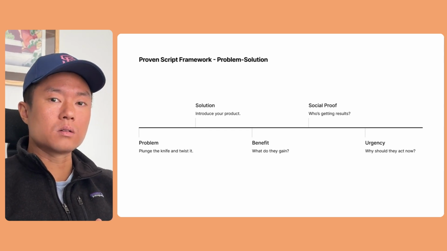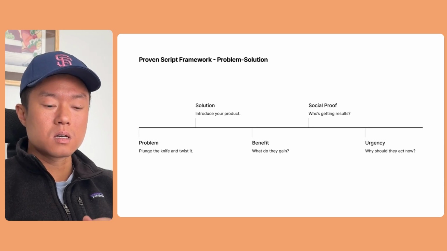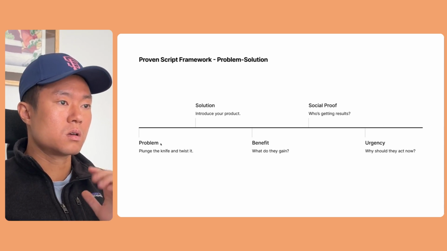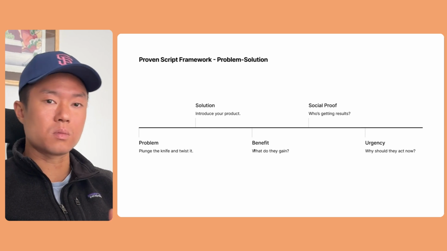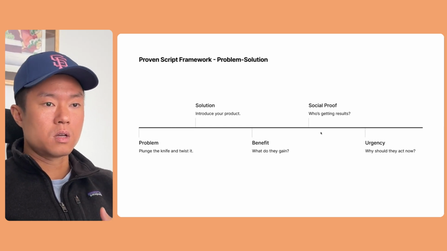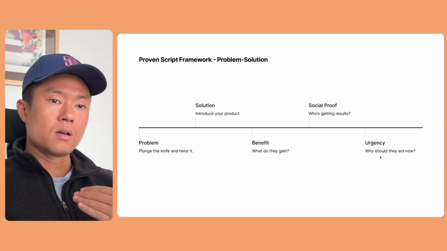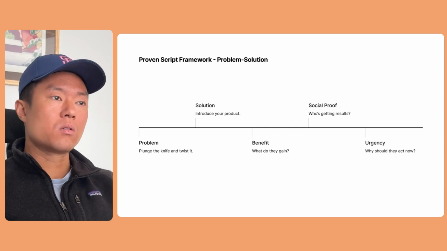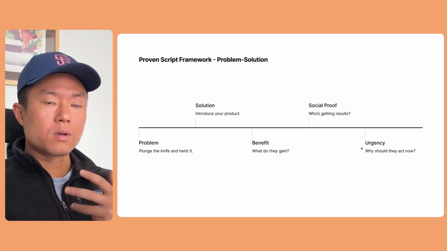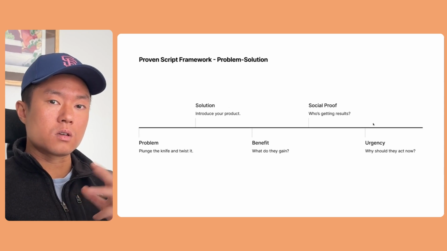So the great thing about script frameworks like this is that you can start to test different problem statements, solution statements, benefit statements, test different ways of introducing social proof, test different ways of how you can get them to act now. And you can even start to rearrange the order of these different modules.